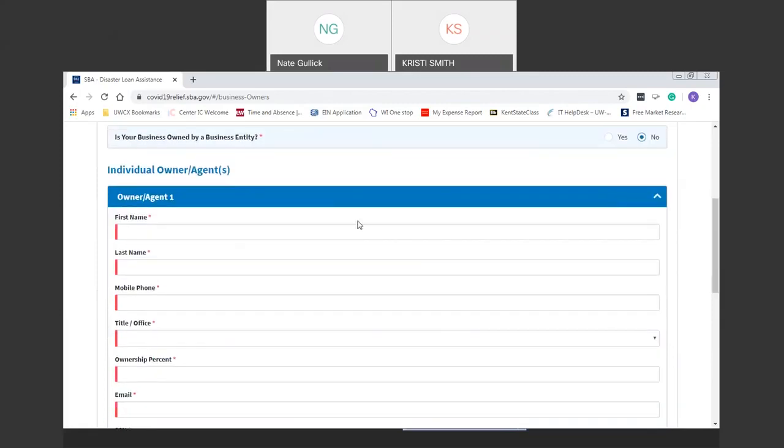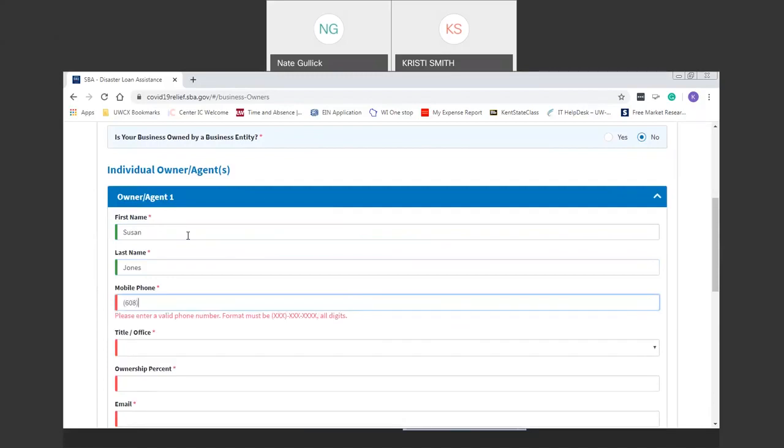So now we're going to fill in the owner's name. In this case, Susan is the sole owner of this business, but I'll talk about the process if you have more than one owner. So here we put in Susan Jones. Whoops, sorry, I made a mistake there. First name only, Susan there, and the last name is Jones, and this would be her cell phone number. It may be the same as one of the numbers we've already entered in an earlier part of the form.